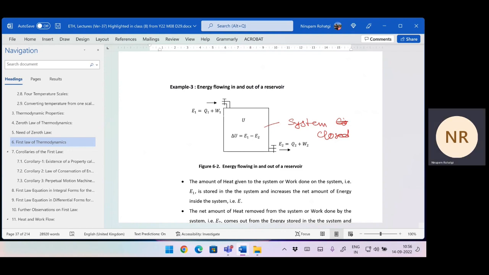Energy which is stored inside. So just like in a tank mass is stored, similarly the energy is also stored within a body. Okay, you can give some little energy, take out more, then what will happen? The internal level will go down. You can add more, take out less, then the internal level will go up.